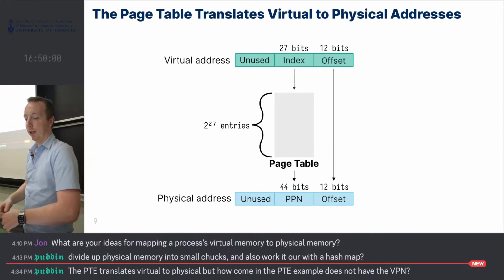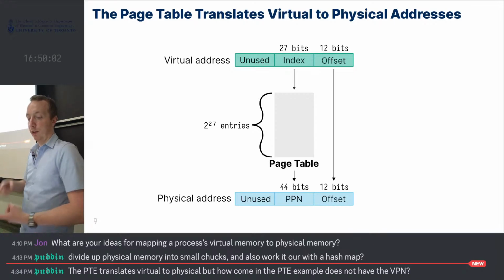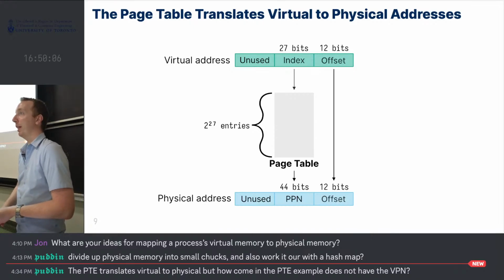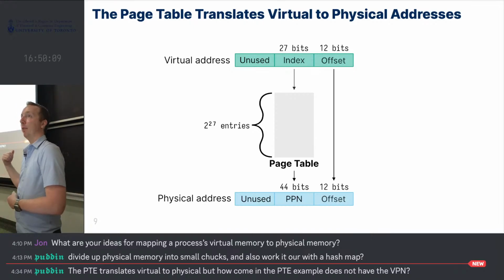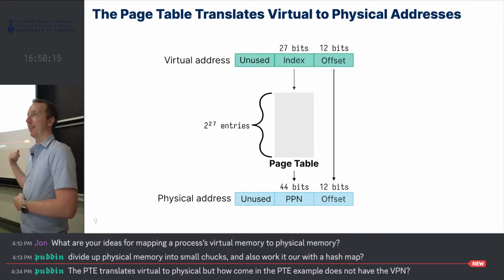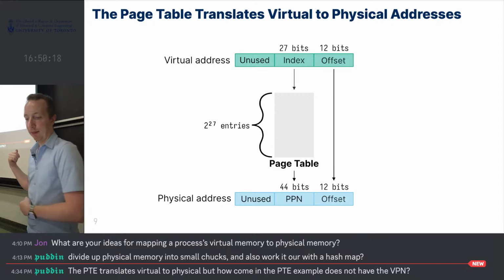So this page table is 2 to the 27 times 2 to the 3, which is 2 to the 30 bytes. This page table is 1 gigabyte, a real gigabyte, which sounds really bad, right? Yeah, that poses a problem.